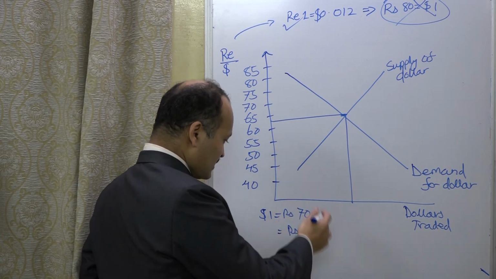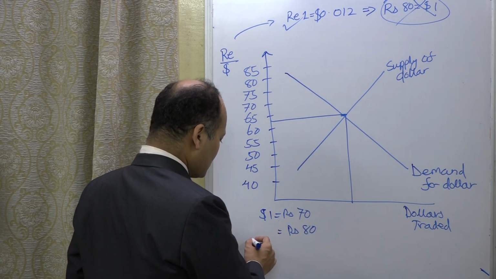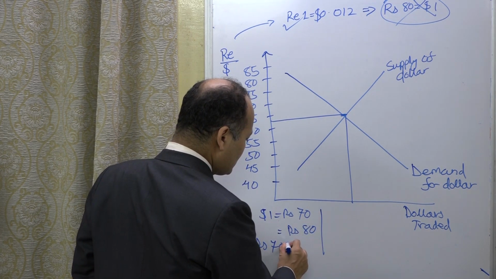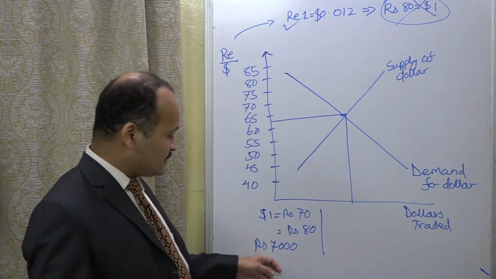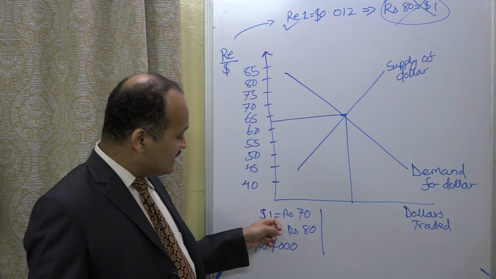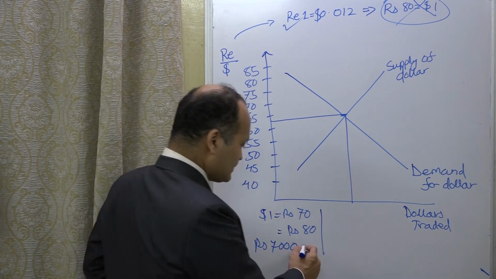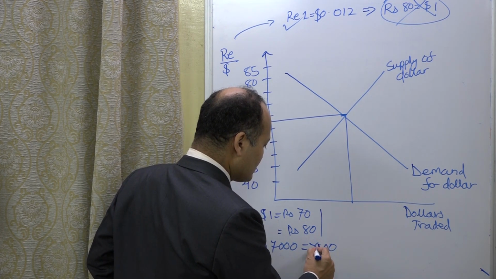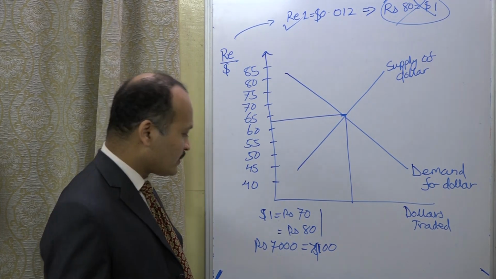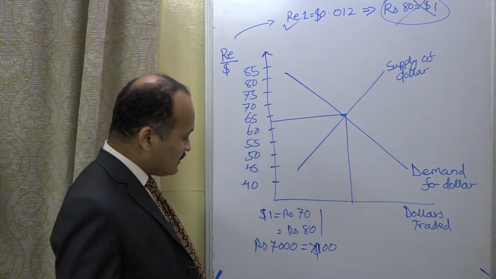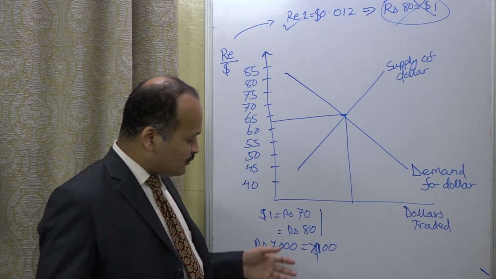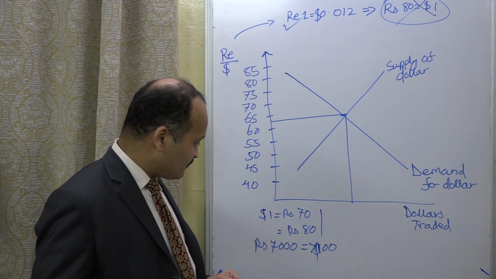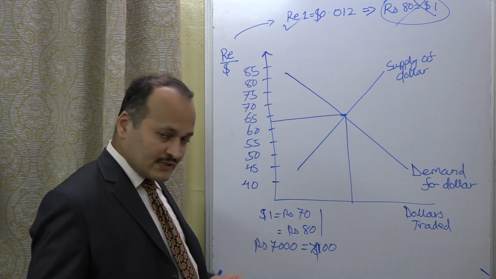Suppose, for notational convenience, as a speculator you have 7,000 rupees to begin with. With 7,000 rupees you can buy around $100. You will use 7,000 rupees from your pocket, or you will borrow funds, arrange 7,000 rupees and buy $100 at the prevailing exchange rate.